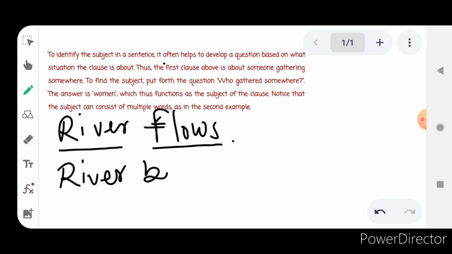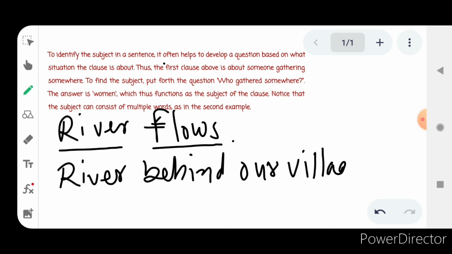River behind our village flows. Let's take one more example.